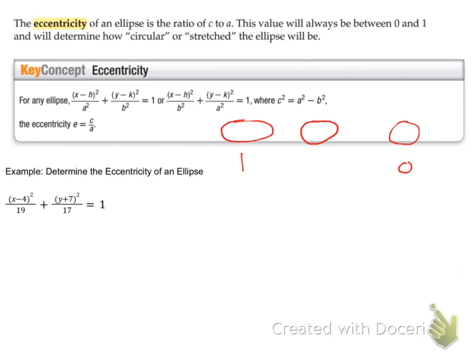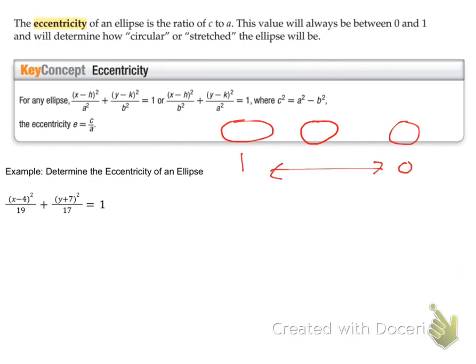So it goes somewhere in between 0 and 1. The closer you are to 1, the more stretched out an ellipse it looks like. Otherwise, if it has a value of 0, there won't be any stretch.